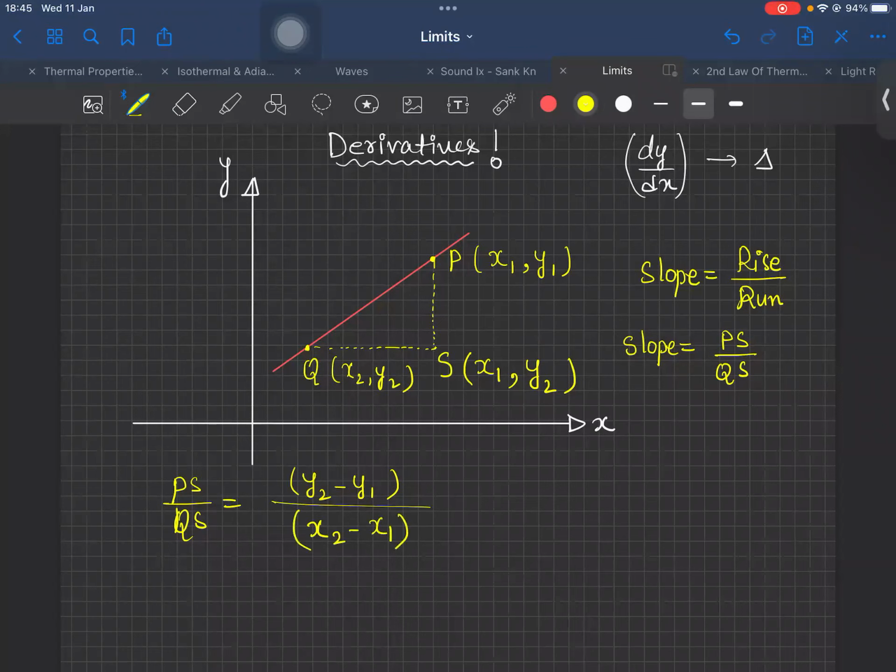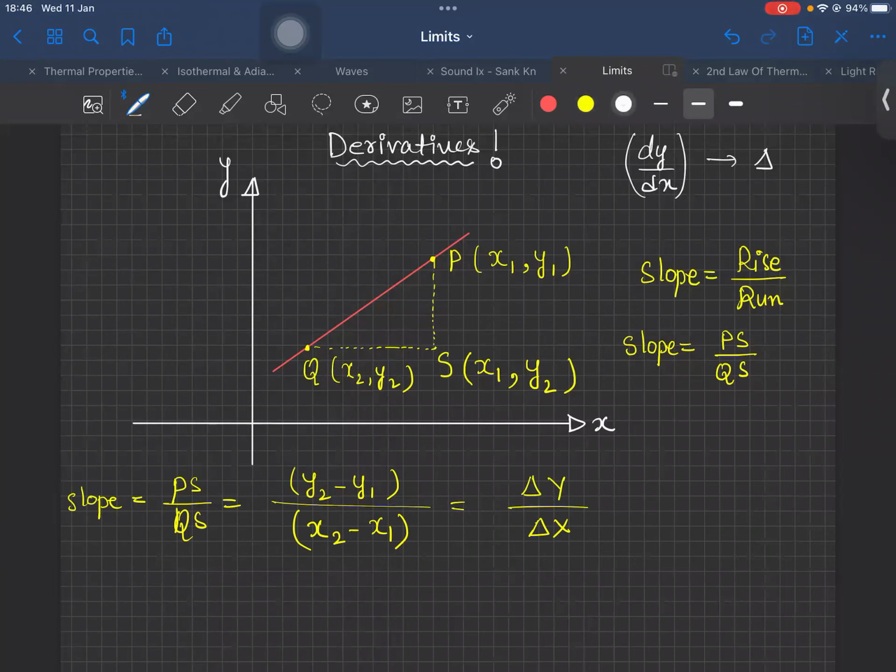That negative sign we are going to ignore for a while. Now, what is y2 minus y1? It is the change in y direction, right? Change in y upon change in x. That's what the meaning is. That is slope. Slope of this line. Yes? Yes or no? Anybody having any doubt?